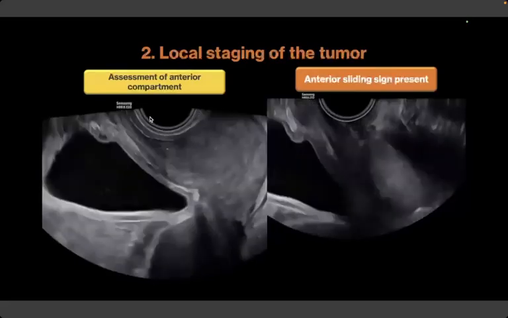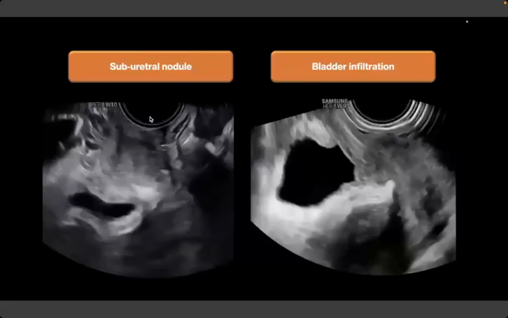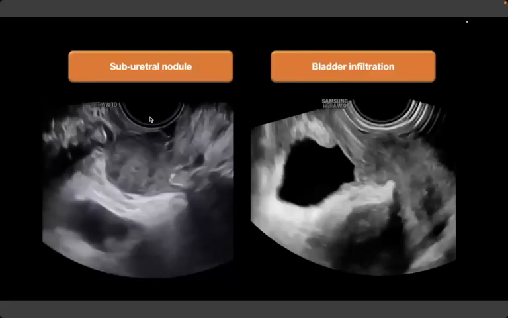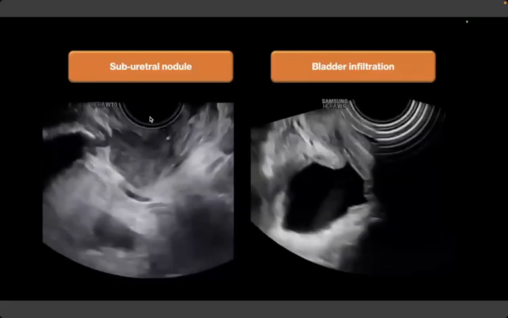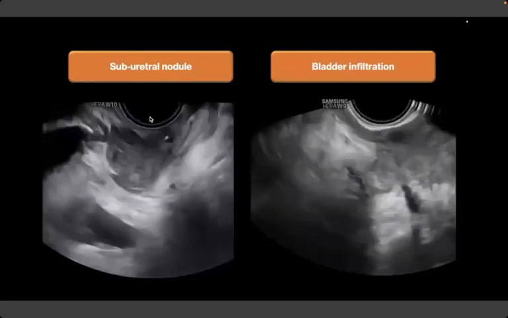In these two cases, we visualize the presence of a suburethral nodule on the left and, on the right, the absence of the sliding sign and the infiltration of the bladder wall.